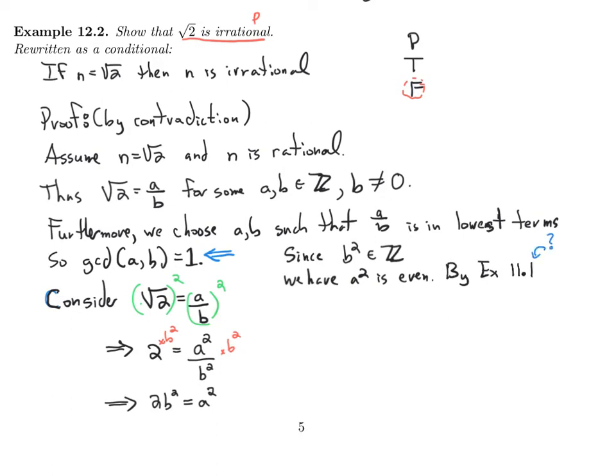It might be 11.2 or something like that. But the first example we did in that was if n squared is even, then n is even. We've proved that, so we can use that now. Anything we've proved, we can use. It's a result. So we have, by example 11.1, that a must be even.